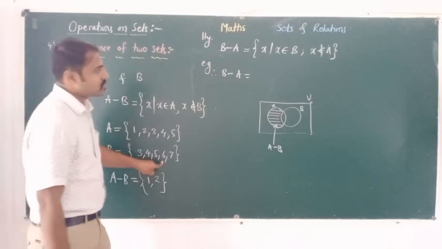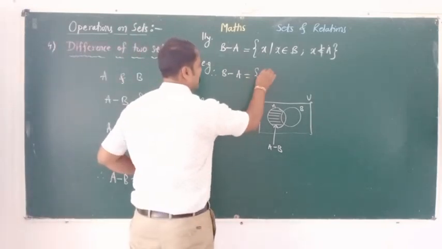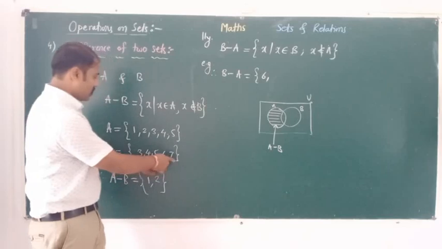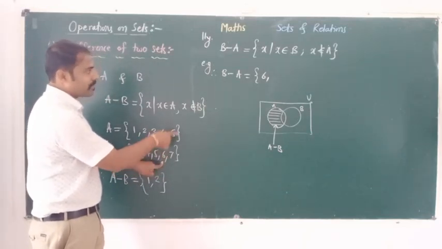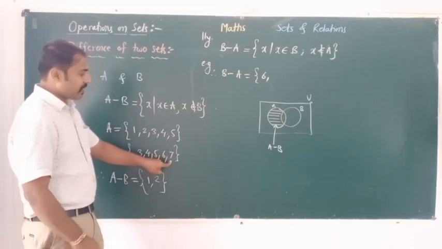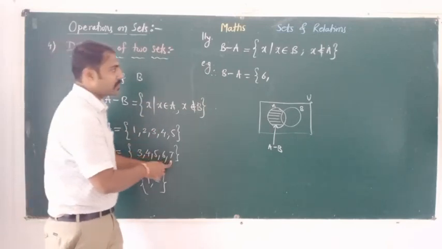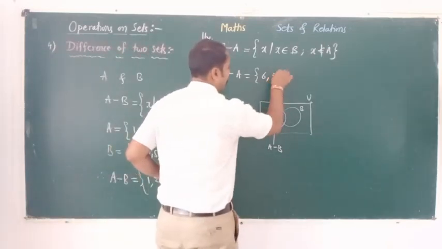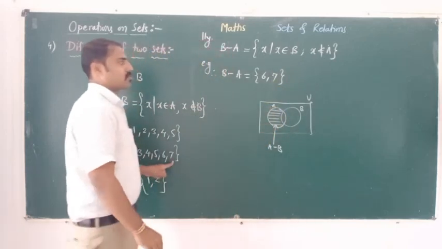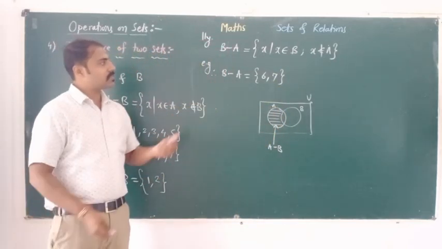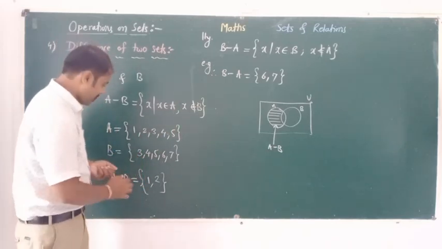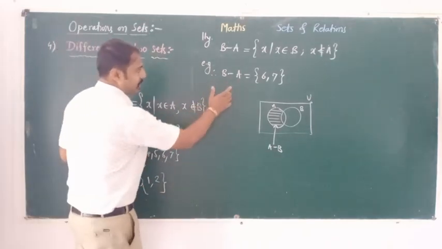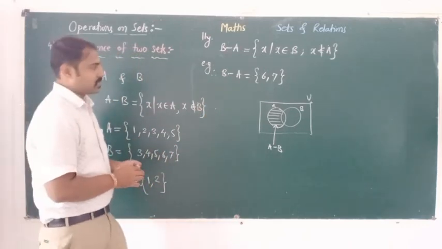No, so write. 6 is not in A, so I am writing 6 there. 7 is not in A, that's why I am writing 7 also. So B minus A is nothing but the set {6, 7}. Look here, A minus B and B minus A are not equal sets.